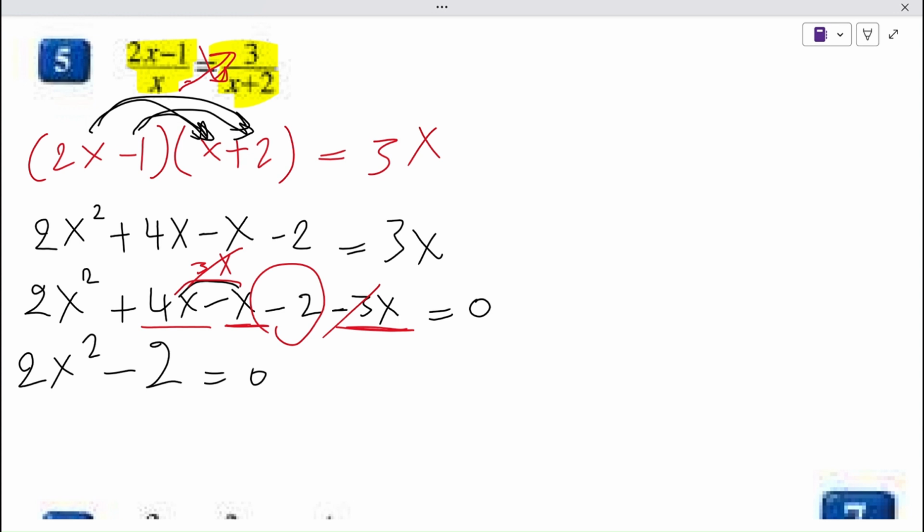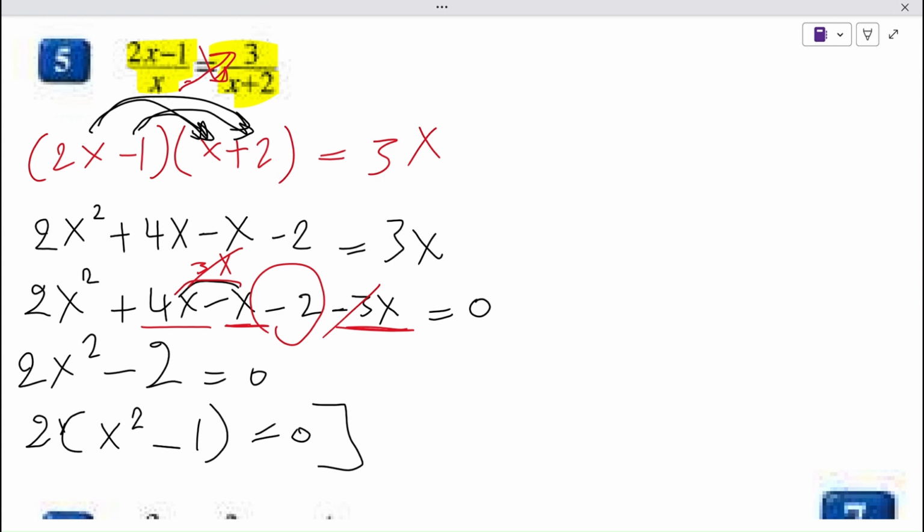Now here we can take out this 2. Then 2 divided by 2 is 1, x squared. Then again 2 divided by 2 is 1, write down 1, is equal to 0. Then by dividing both sides, because here we have multiplication, we have to use the inverse of multiplication, which is division.